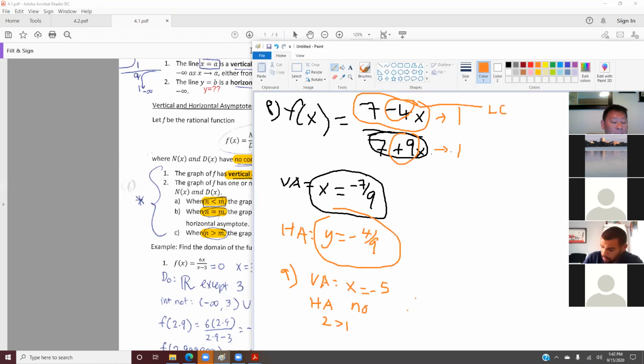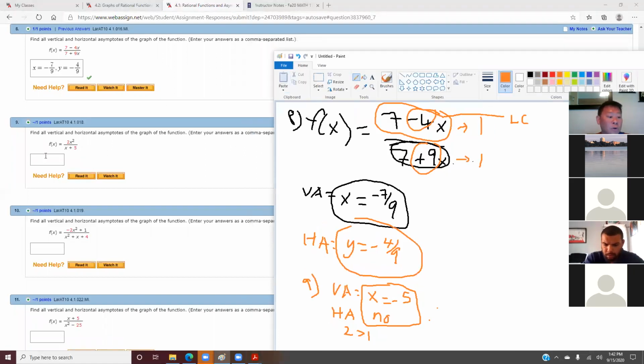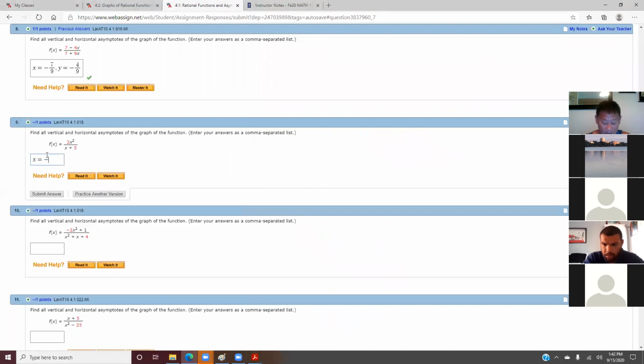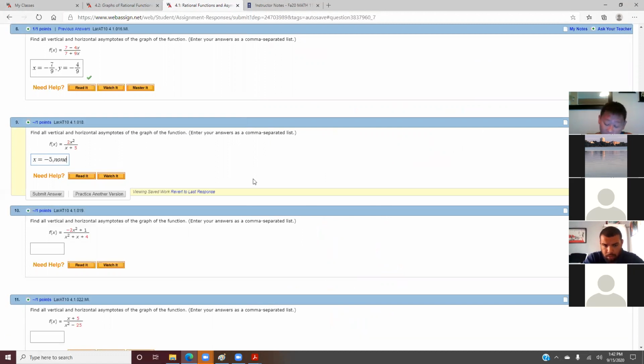So how do you write this in your question 9 here? Do you write x equals -5, and then none or no, or something else? Is that how you're going to do it? The answer is no. What you do in your online homework is just x equals -5.